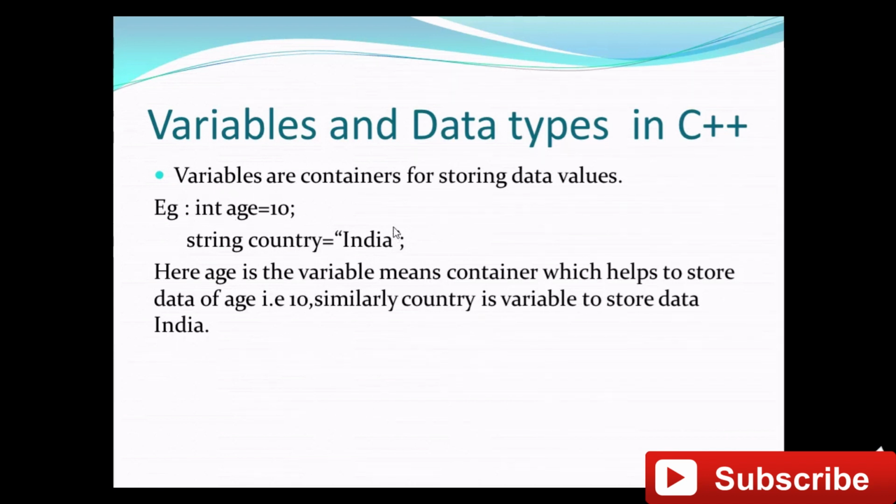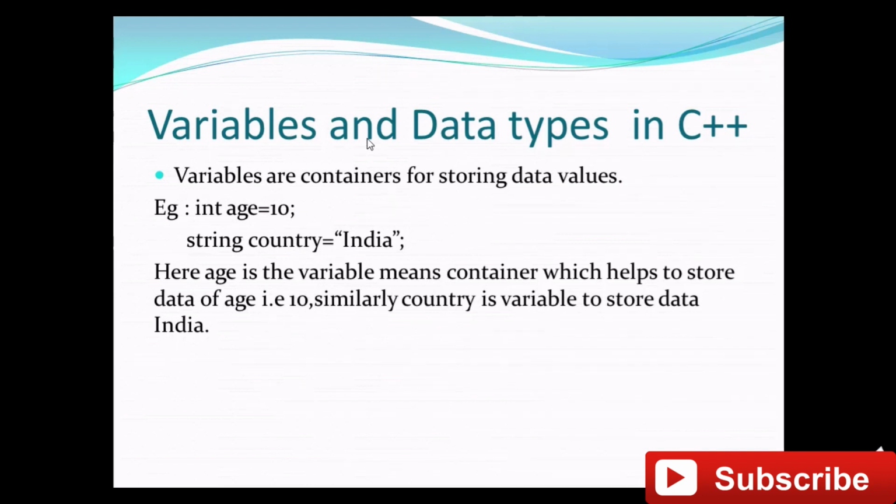Similarly, the data type of this is string, or a sequence of characters, and the variable is country. If we take a string state, then state will be the variable. Here we can store things like Punjab, Jammu, Kerala, Karnataka.